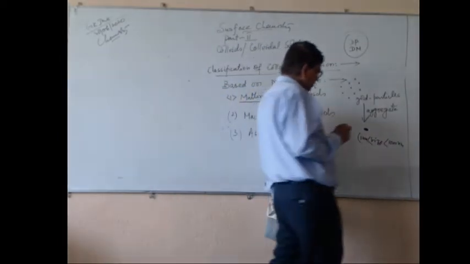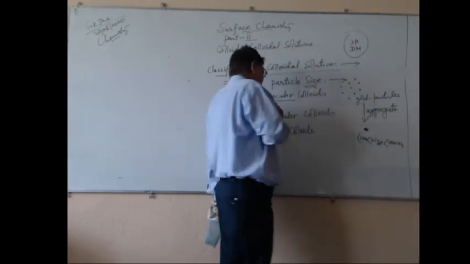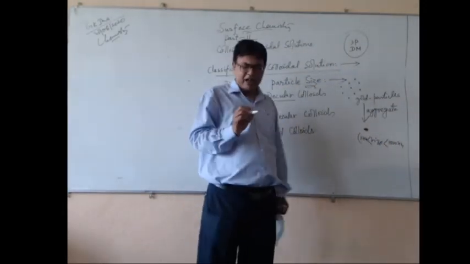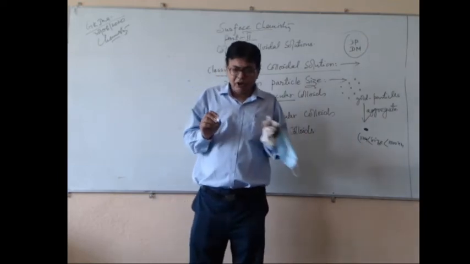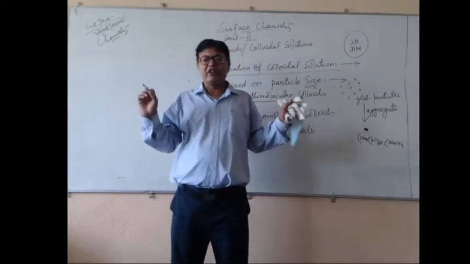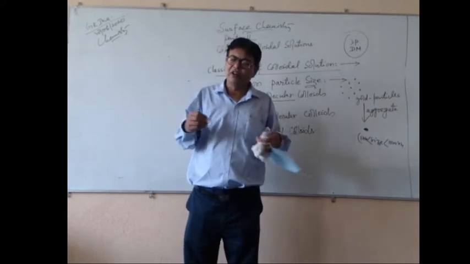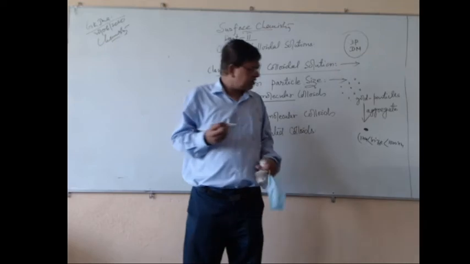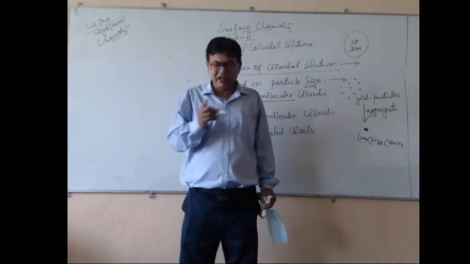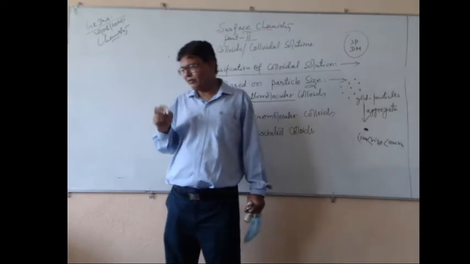Okay, so that is multimolecular. So what is a multimolecular colloid? So many molecules aggregate together to fall within the colloidal range. You can write it any way you wish. There is no hard and fast rule that you should write this definition or that definition.